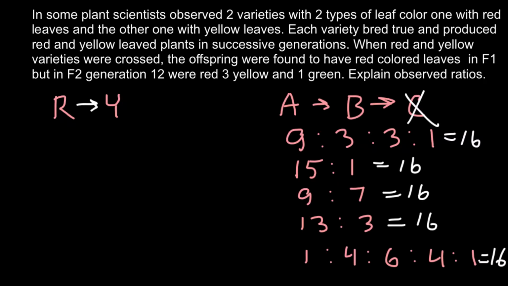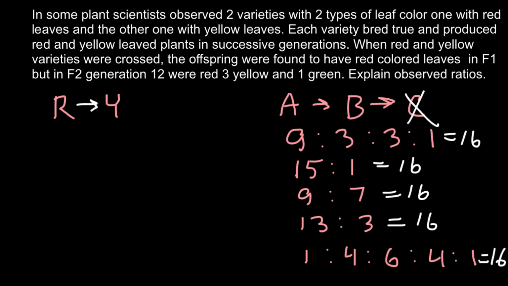And when we are saying that one variety is bred true, that means when we cross the red variety with itself or self-pollinate, all the following generations, progeny, also would have red leaves.